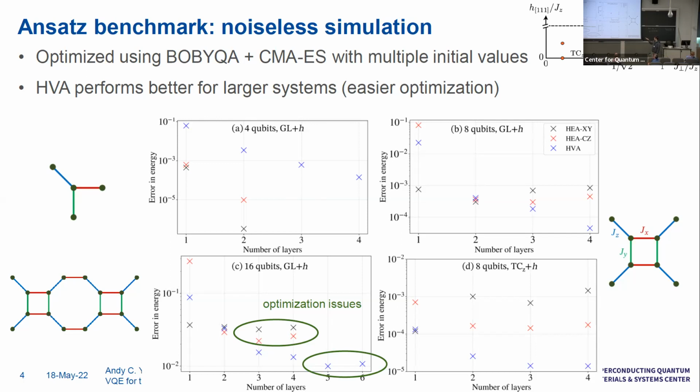But nonetheless, I have 2 circles here in the bottom left figures. I see that there is actually some signature of the optimization issues, right? Because you can see that in principle, when increasing the number of layers, the ansatz should at least give me similar performance to the ansatz with a smaller number of layers. However, you can see that the performance actually becomes worse when I increase the number of layers. It's really a signature saying that the optimization is still an issue.